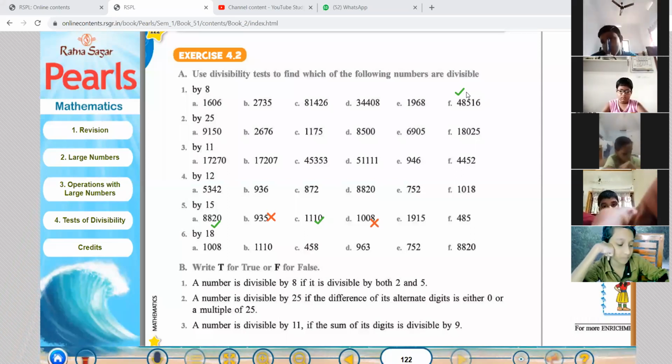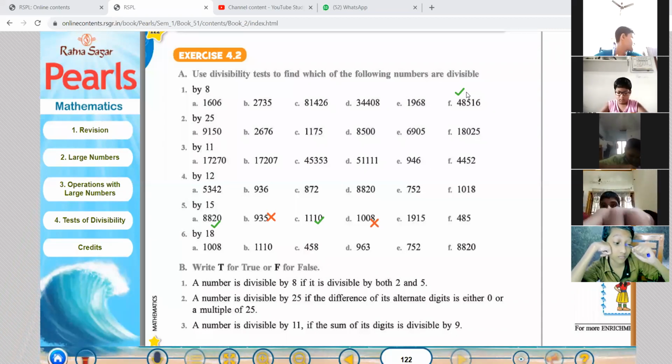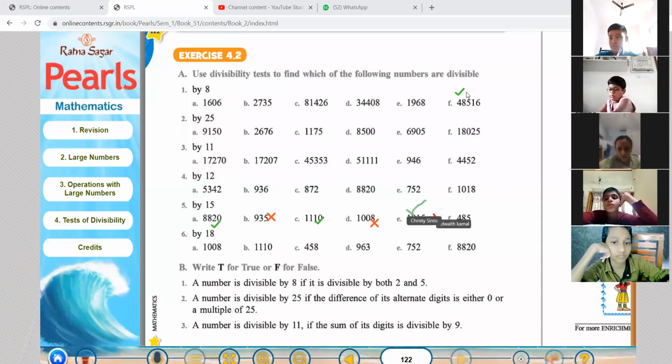And move to our fifth one, 1915. What about the divisibility of 5? It is divisible by 5. And what about the divisibility of 3? 1 plus 9 plus 1 plus 5 is equal to 16.